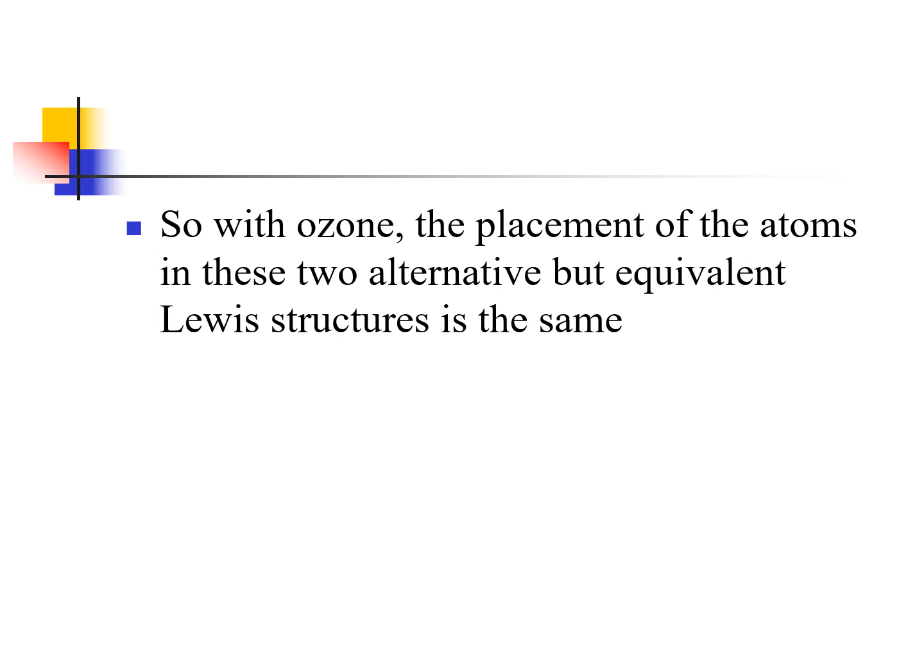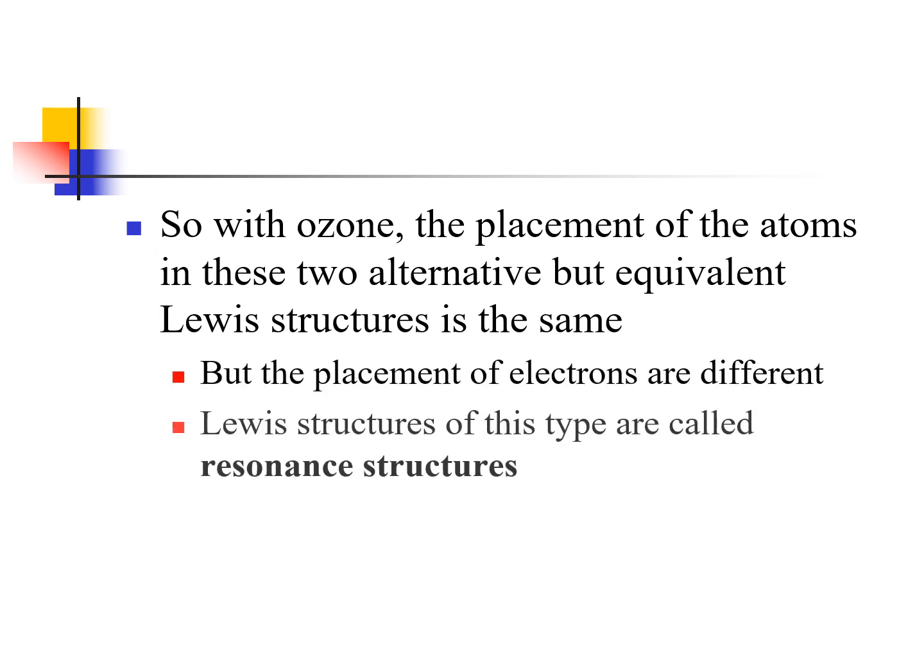So again, with ozone, the placement of those atoms in the 2 is alternative but equivalent, because I had an equal choice. Does the double bond come from the oxygen on the top or the oxygen on the bottom? Their formal charge would be exactly the same situation, but they're still 2 separate things.